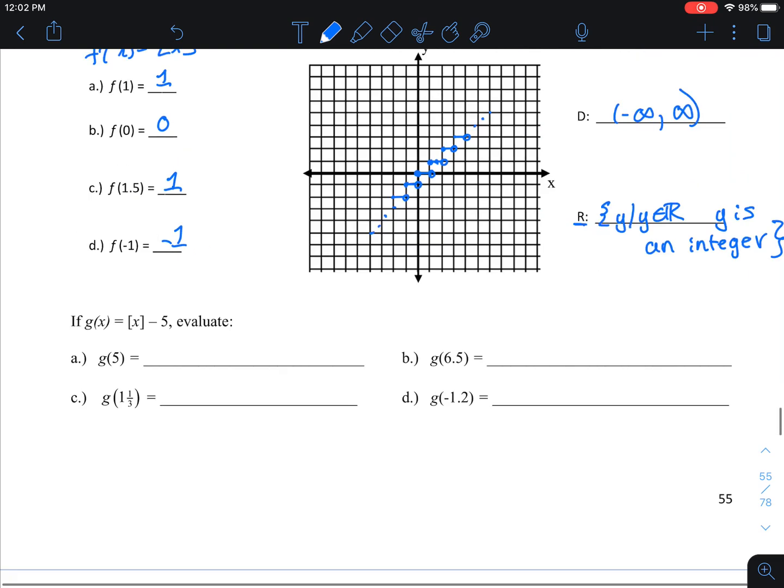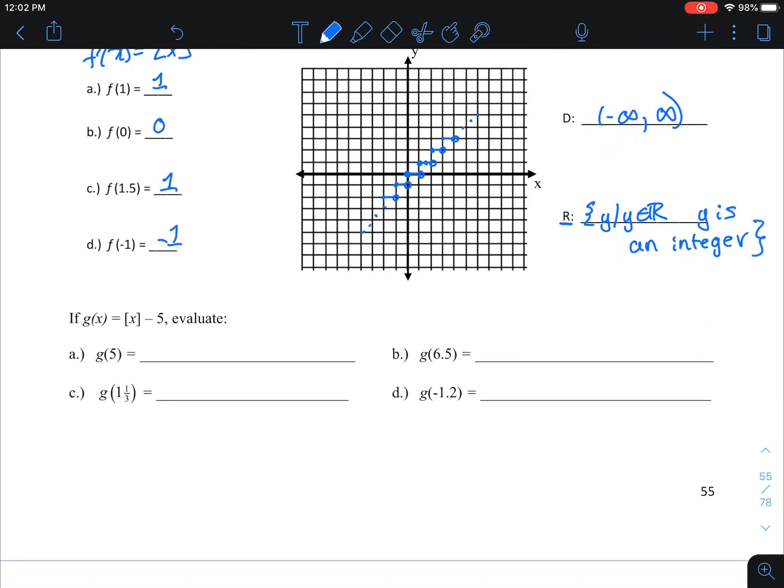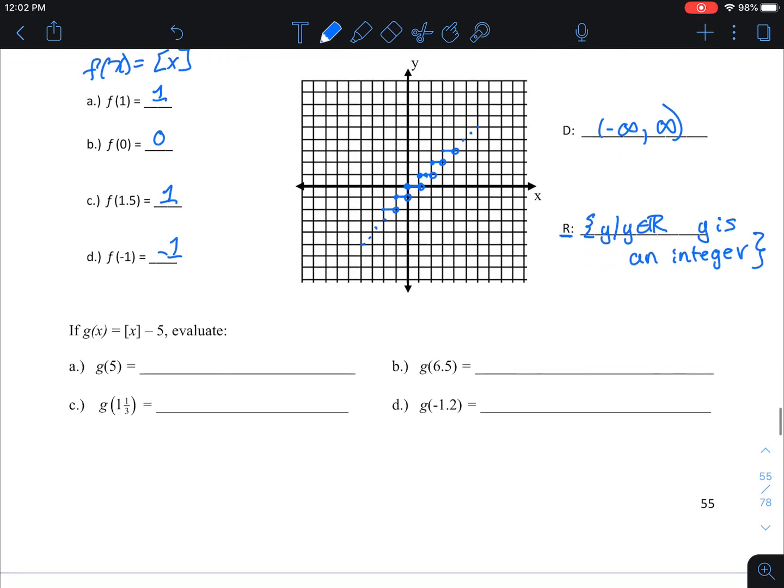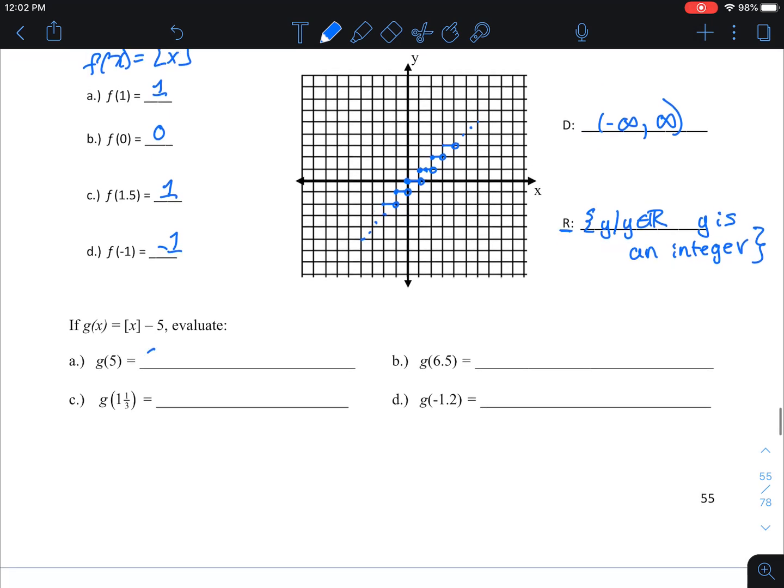So if we have g of x is equal to the greatest integer function minus 5, evaluate g of 5. So if we plug in 5, the greatest integer that is less than or equal to 5 is 5. So it's 5 minus 5, which is equal to 0. Plug in 6.5 minus 5.